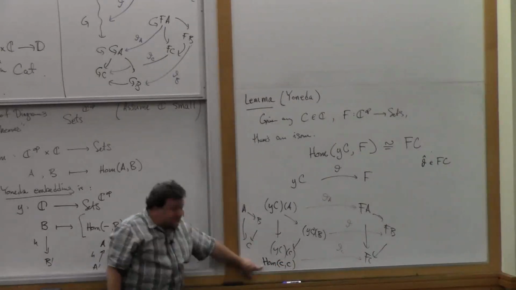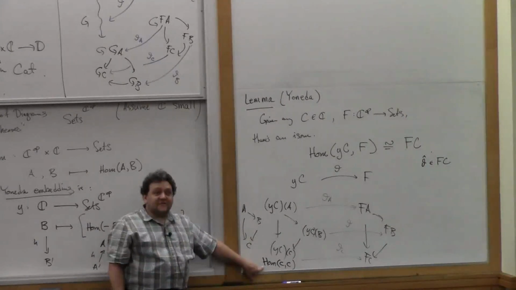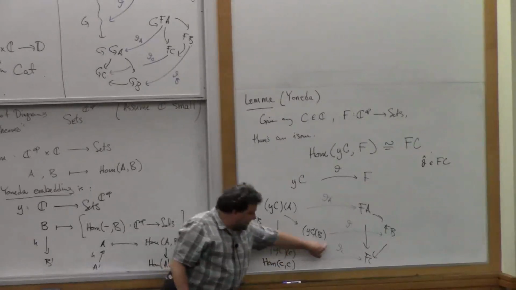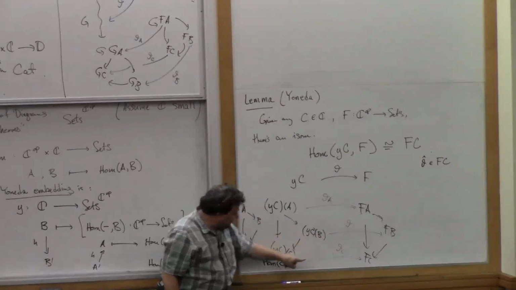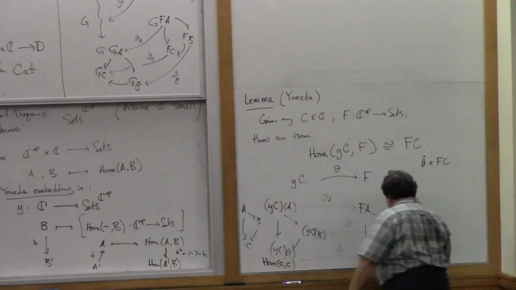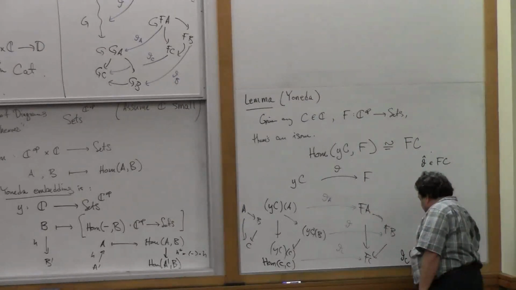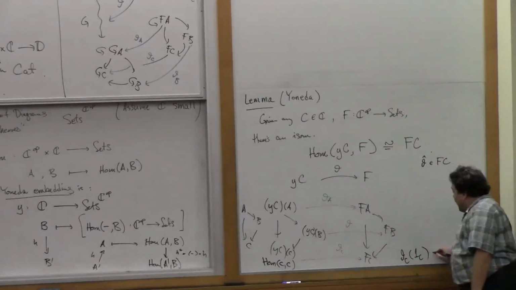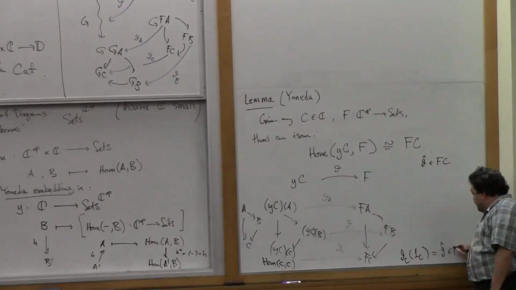Anybody know an element in that set? The identity is in there. So take theta at C, apply it to the identity in here, and you get this kind of universal object over here. It's theta C applied to the identity at C. That's our special object, theta hat, living in F of C.